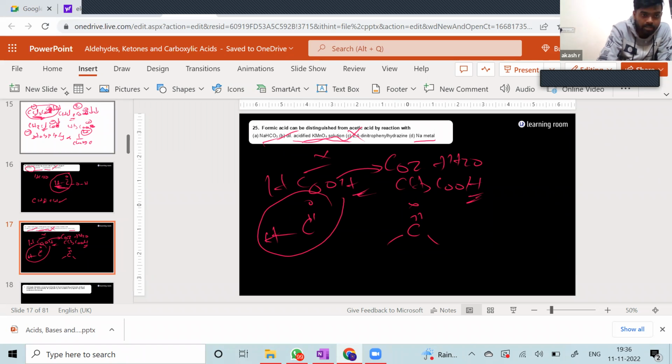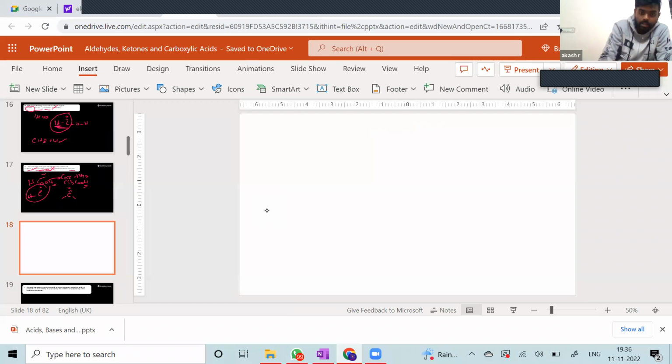Now, how do I prove that this is oxidation to you? Let me prove that. Right. So now you see H, C double bond O, OH. I don't know, you have studied this in redox reactions in 11th class. If I have to calculate the oxidation state of this, this oxygen is going to give me -2.